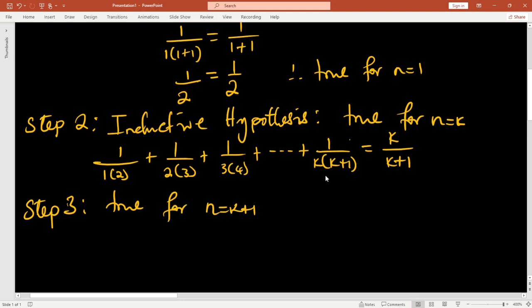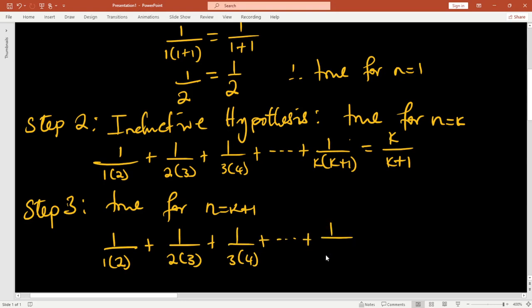We're going to write this expression up to the k term the way it is. So we have 1 divided by 1 times 2, plus 1 over 2 times 3, plus up to the k term, which is 1 over k(k plus 1). Now plus there's a new term, which is the k plus 1 term. This is just n equals k.